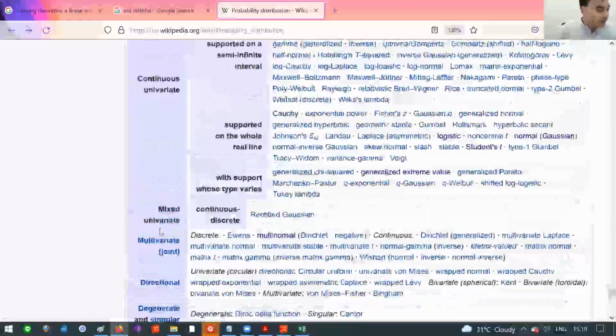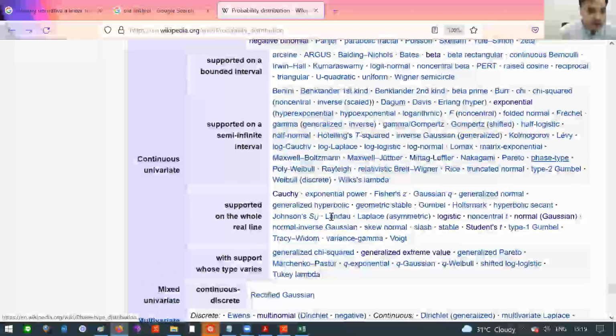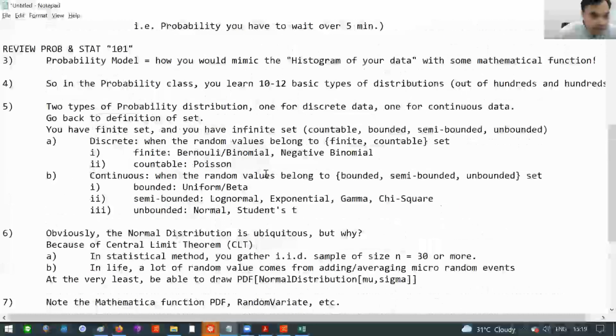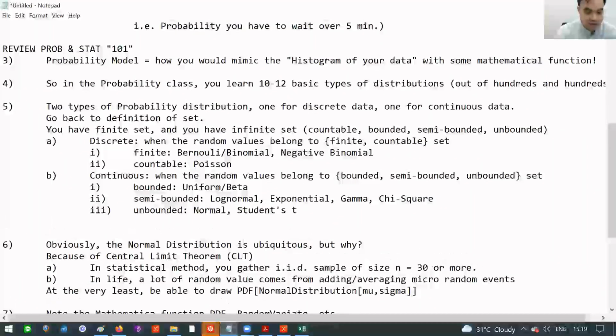Discrete versus continuous. By the way, let me make a little note.